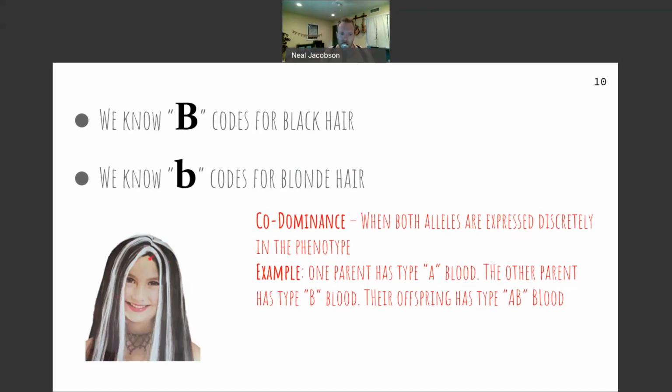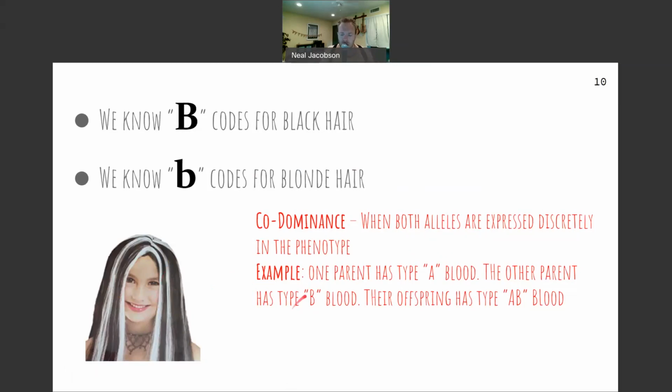One parent has A type blood, the other has B type blood, and the offspring has AB blood. They don't have a blend of AB, they just have A and B. One parent has an A receptor on the red blood cells that's coded for by an allele, the other parent has a B receptor, and their offspring are going to have an A receptor and a B receptor on the red blood cell, not a blend of the two. They each have their own receptor.